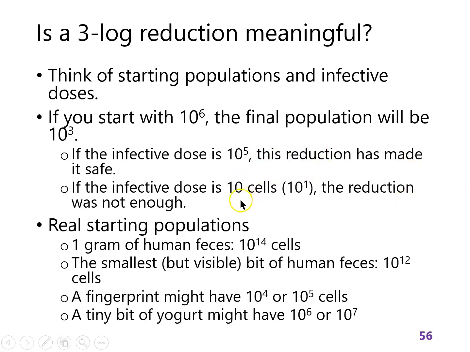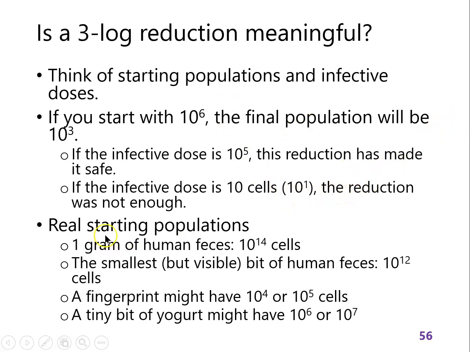For something like Shiga toxin producing Escherichia coli, where the infective dose is around 10 cells, very rarely would you ever get low enough to protect yourself against that. Because if you start with 10 to the 6th, which is a pretty small bacterial population, you'd have to reduce it more than 5 logs. So that would be 99.999% in order to protect you from that.